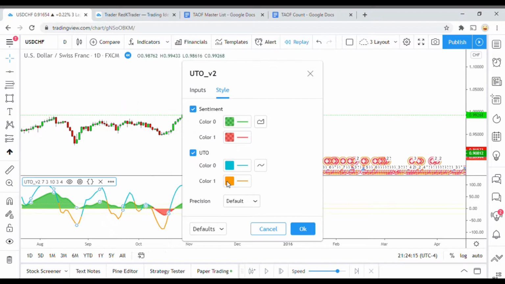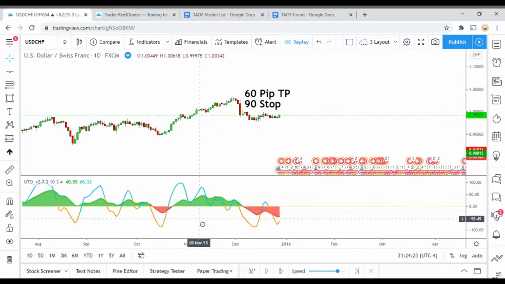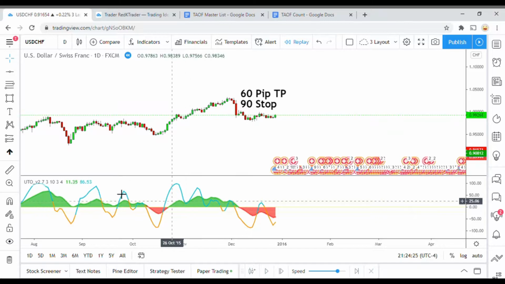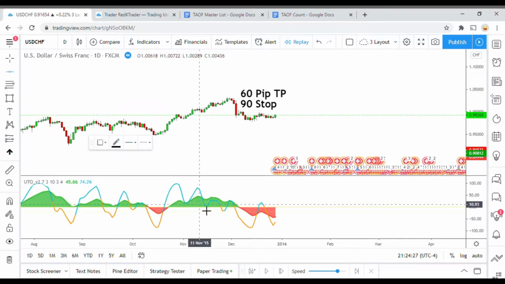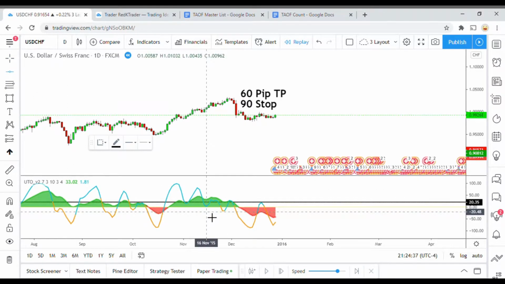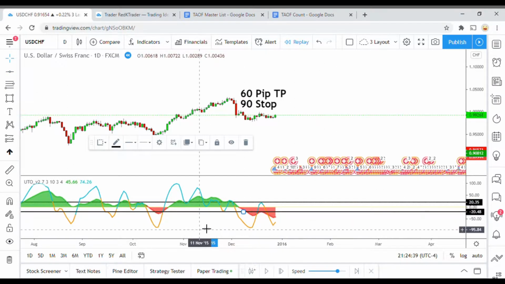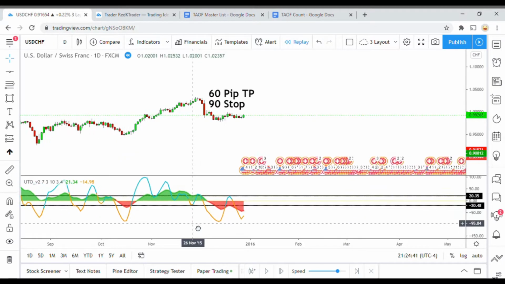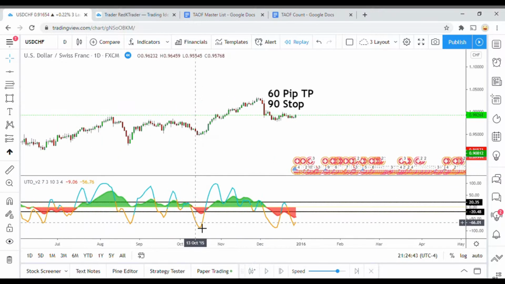It doesn't look like there is a way to change those lines. One is right there, and the other one is right there.